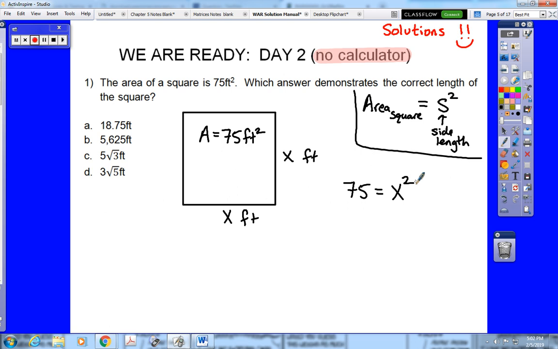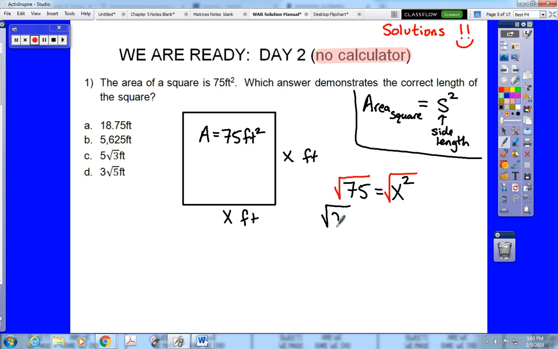Now we've been solving quadratics for most of the year. Everybody should recognize this as being a square root problem. We need to take the square root of each side. Now this is a no calculator portion, so you have to know how to reduce that root without your calculator. That is not a hard root to reduce. 75 does not have a perfect square root.